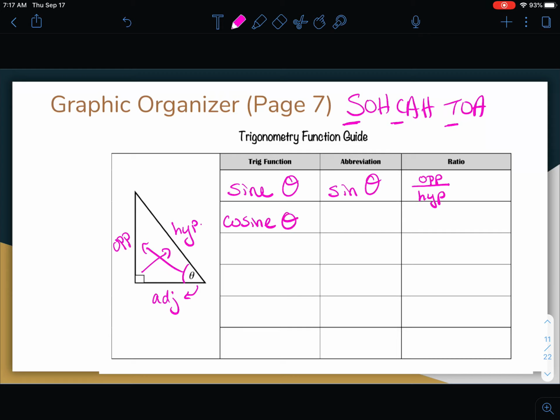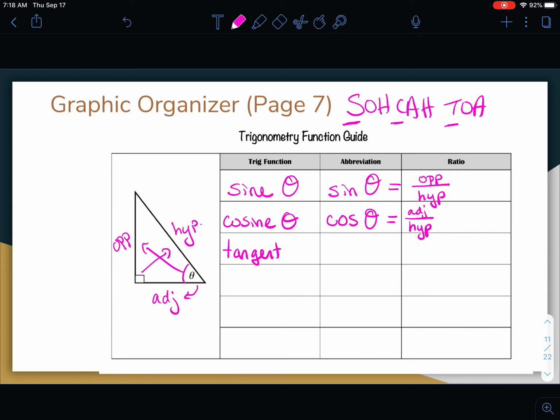We have cosine of an angle. And again, we'll write cos here, but we're still going to say cosine of theta. And cosine of theta is adjacent over hypotenuse. That is the ratio. So the cosine of theta is equal, and maybe I should put this here, these are equal to those ratios.